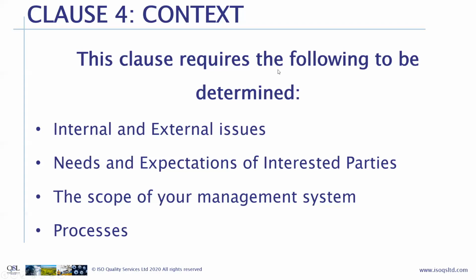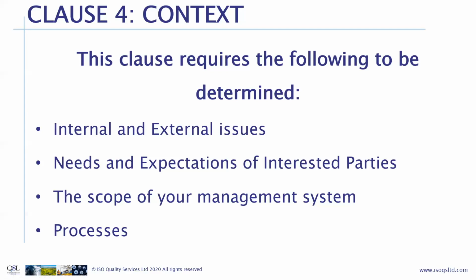If we just briefly have a look at internal and external issues, I'll give you a few examples. Internal issues could be staff morale, it could be staff turnover. External issues could be technological changes, complying with legislation and changing legislation, competition from your competitors.